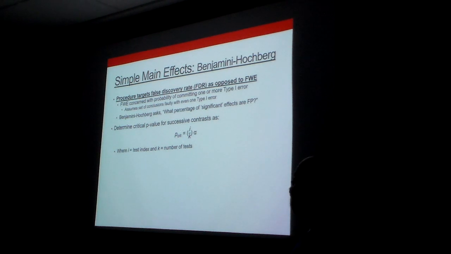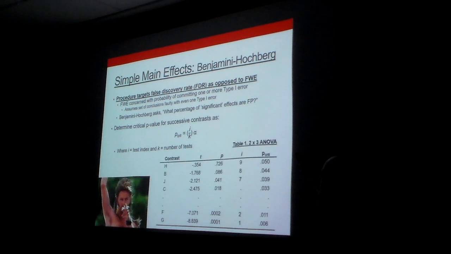So my p-critical for any individual test is going to be i, which is the test index, starting with 10 as the least different test, all the way down to 1, which is the most, over k, which is the number of tests, times my alpha level. So if I do this for my 2x3 ANOVA model, I've run these contrasts and ordered them so that my smallest test statistic, or my smallest p-value, is listed first, all the way down until I get to my largest difference, or my most significant test, right?